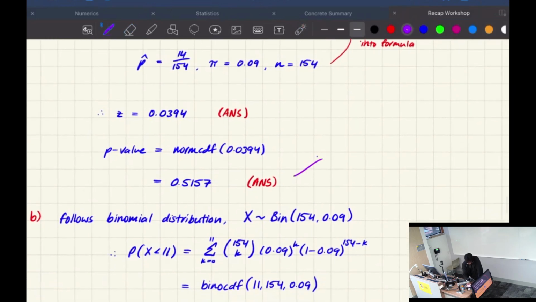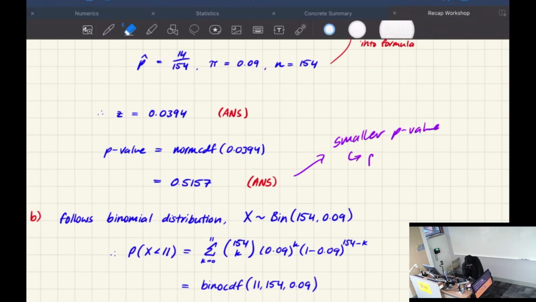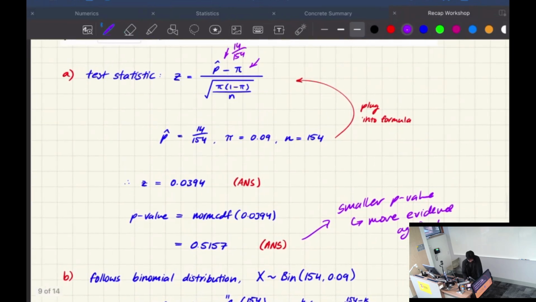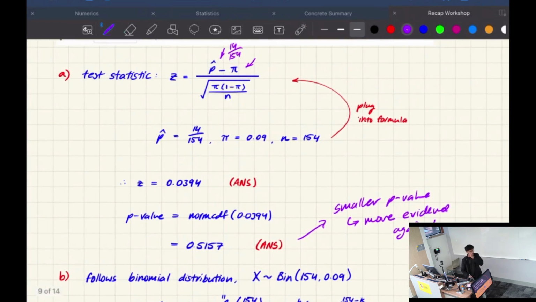But essentially, smaller p-value provides more evidence against, but the bigger the p-value doesn't provide much evidence at all, right? Cool? Yeah?